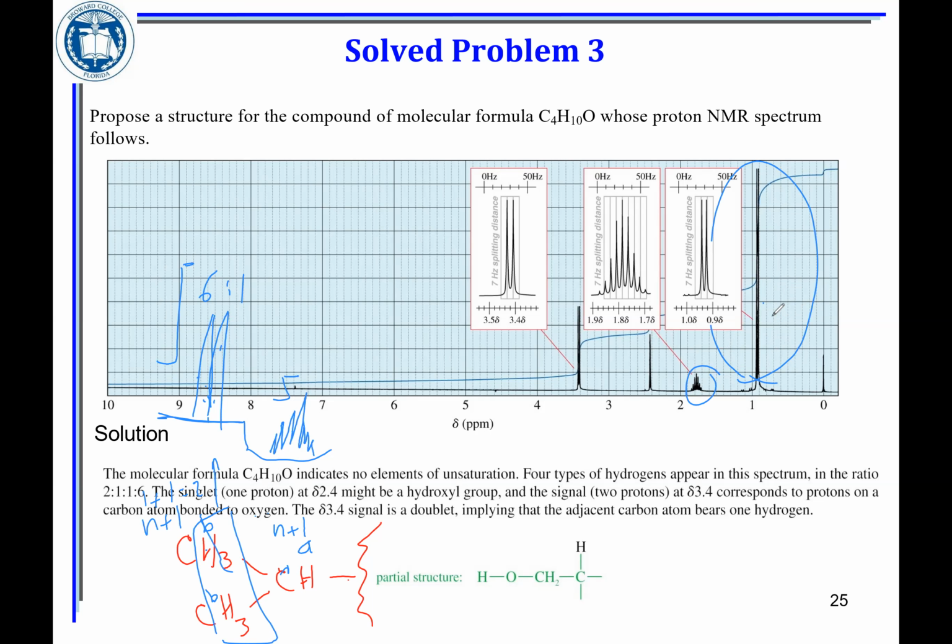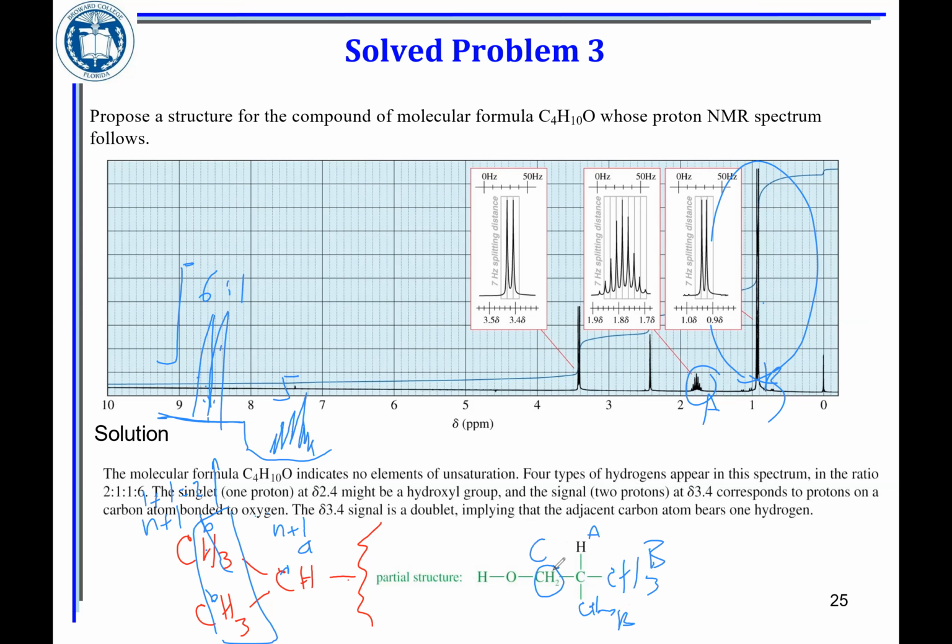In this green partial structure, you also have a CH2, and the A and B come from the CH3 and CH3 here.